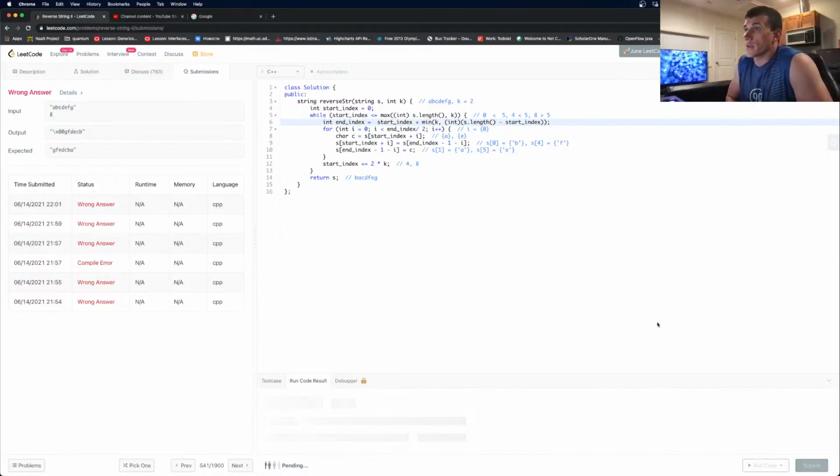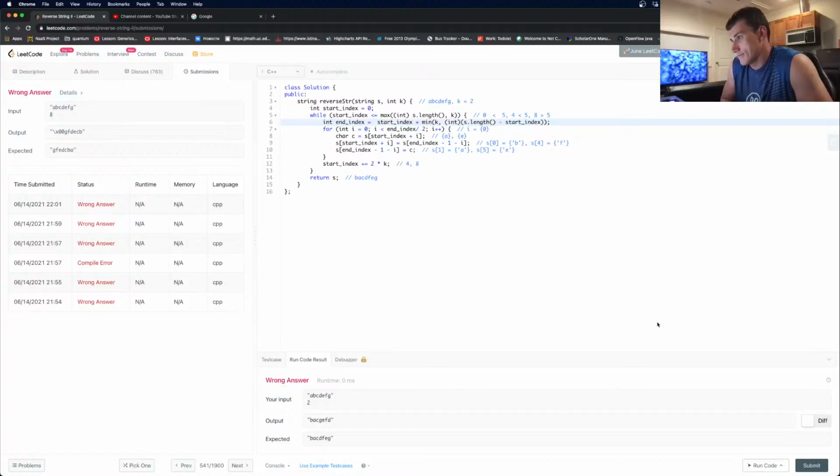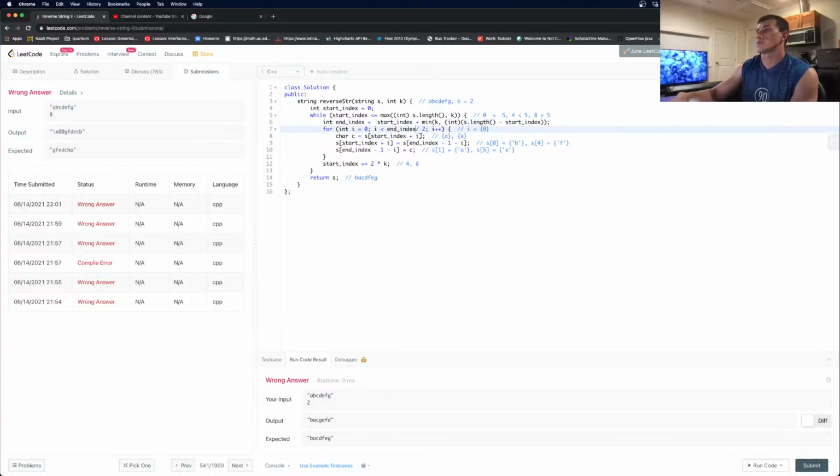Let's see if this passes. No. Interesting. Alright, so the end index is start index, which is 0, plus the minimum between k, which is 2, and length minus start index. So length minus start index is 7 here. Right, so the minimum is 2. Right, 2 divided by 2 is 1. So it's just 0 until 1, right?